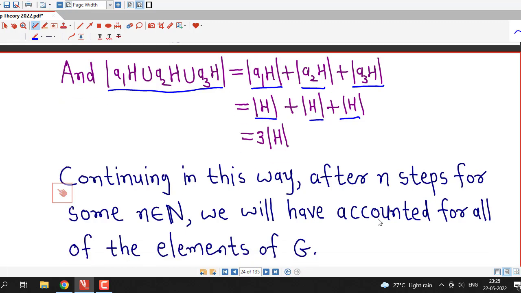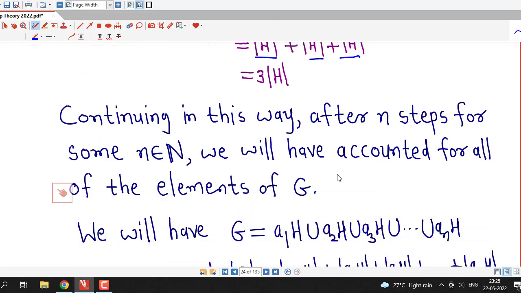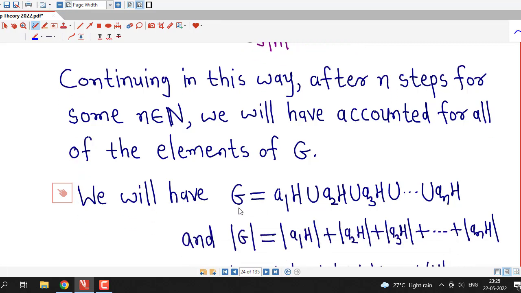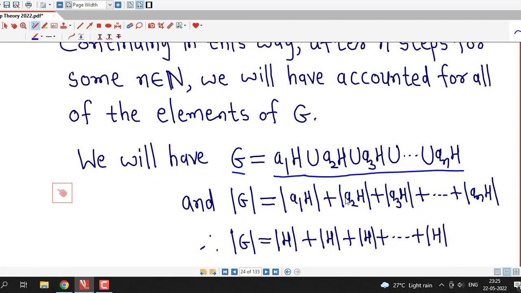So we continue in this way, and after n steps we will have accounted for all of the elements of G, and we will have G equal to the union of, say, n left cosets A1H, A2H, and so on up to AnH, and the order of G will be equal to the order of A1H plus the order of A2H plus the order of A3H and so on plus the order of AnH, because all these are pairwise disjoint and all the left cosets have the same order as the order of H, and this is n times.